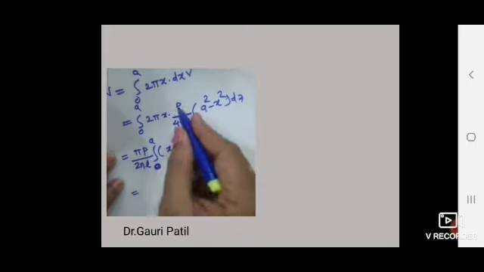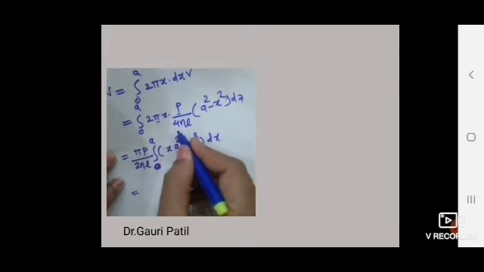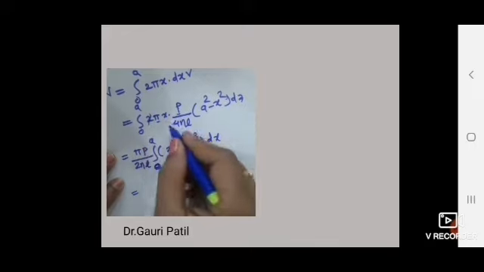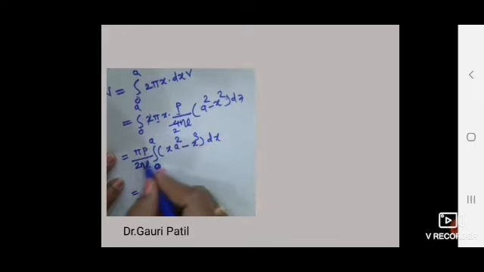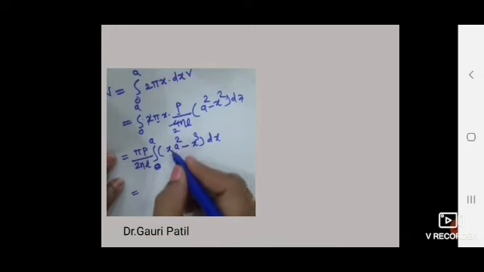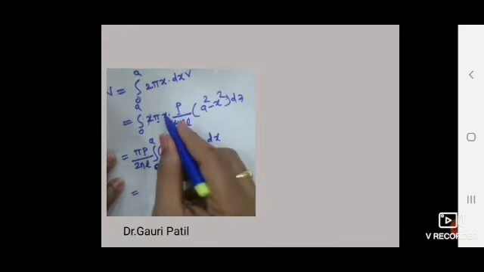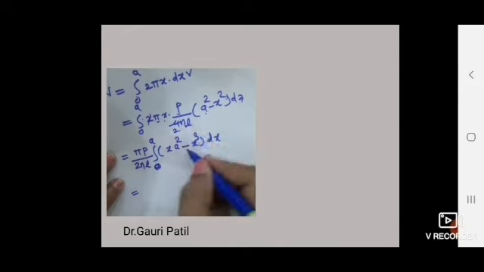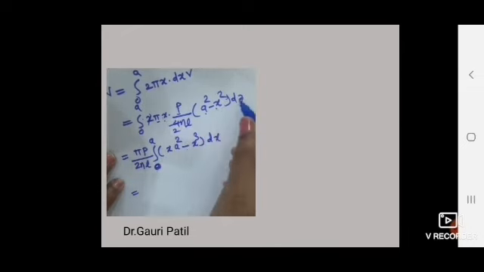Here p pi upon 2 eta l is common, and we integrate x a square minus x cube dx.